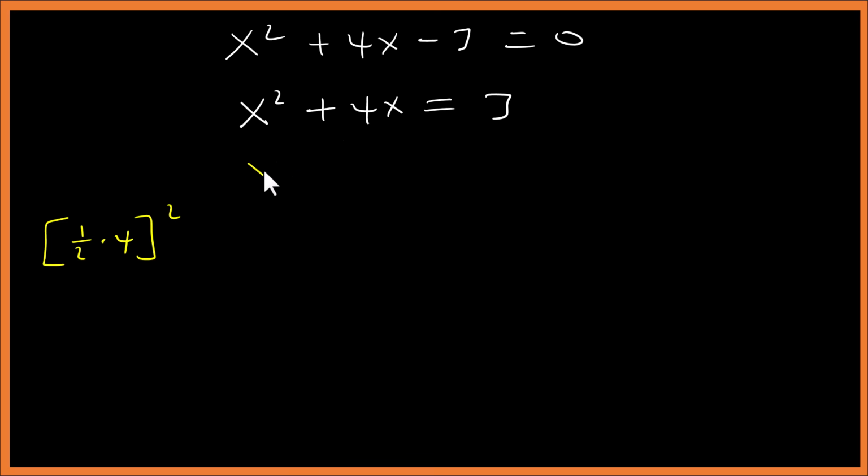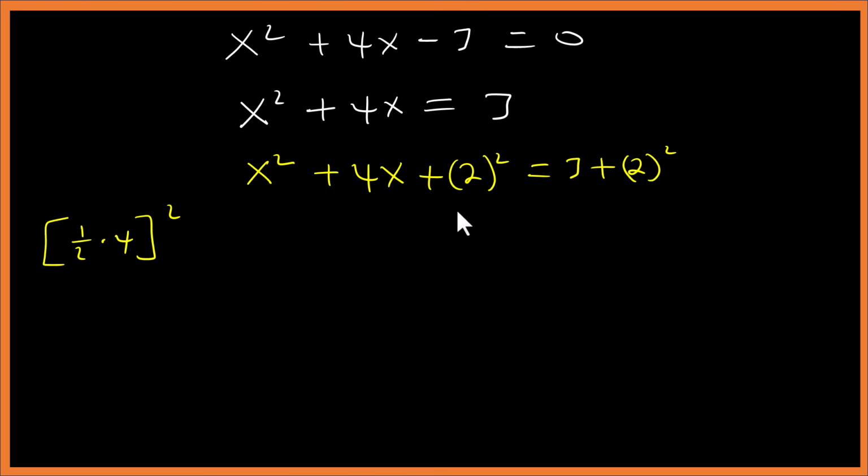So we have x squared plus 4x plus 2 squared equals 3 plus 2 squared.